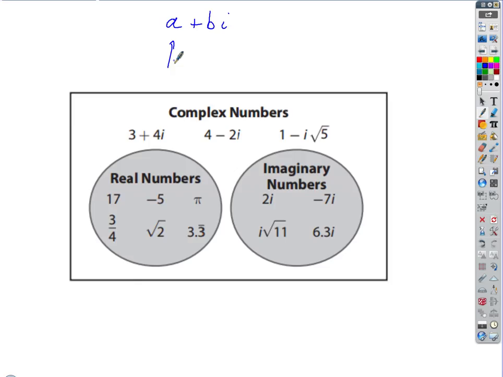That's the real part, right? Because there's two parts to it. There's a part out here that's just a real number, and then there's a part that's got an i with it, so that's the imaginary part, right? So a we call the real part, and b, which is the number being multiplied by i, we call the imaginary part.